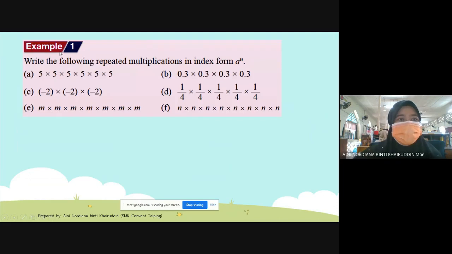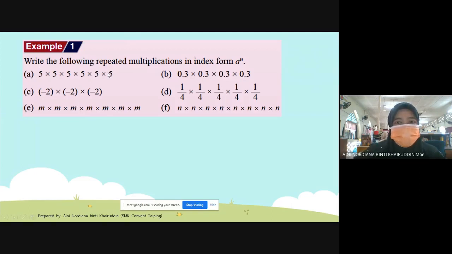Okay, let's look at example 1. Write the following repeated multiplication in the index form. Before this, in Form 1, you only learned up to power 3. For the Form 3 syllabus, you will learn powers more than 3. Power of 4, 5, 6, 7, until many numbers.